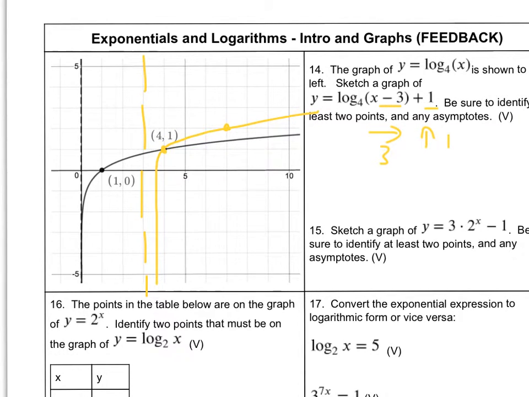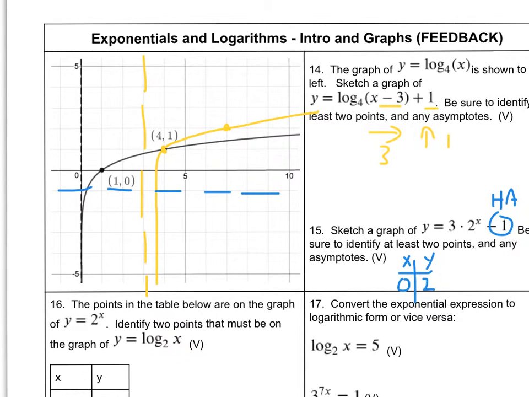For the exponential part, here I did not give you a mother function to use. I'd like you to know that that last number is the horizontal asymptote. And from here, it may be easiest for us to build a table with a couple points. So if I plug in 0 for x, 2 to the 0 is 1, 3 times 1 is going to be 3, minus 1 is 2.